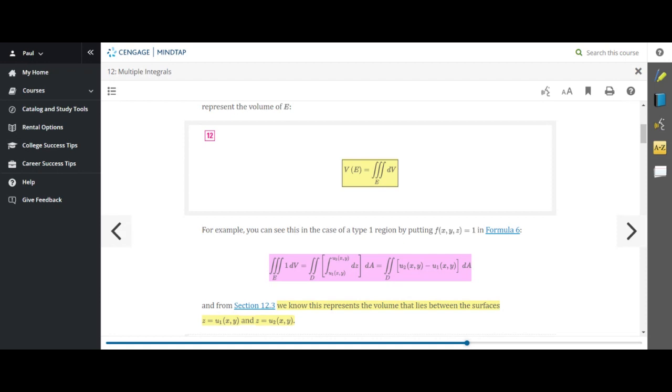You learned in section 12.5 about finding the center of mass or the centroid for a lamina of variable density. Now we're going to do it for a solid of variable density. Are there any questions before I stop the recording?